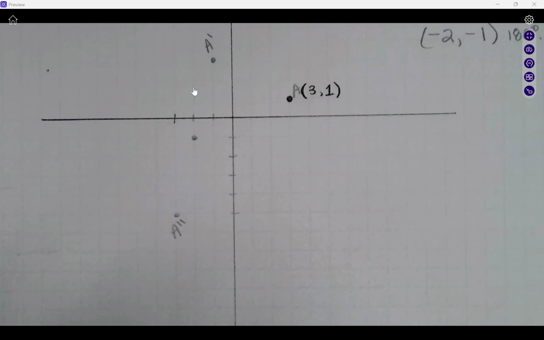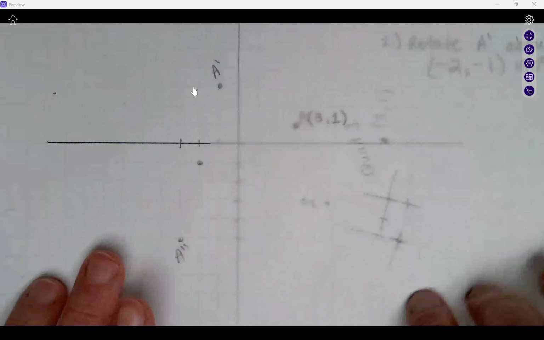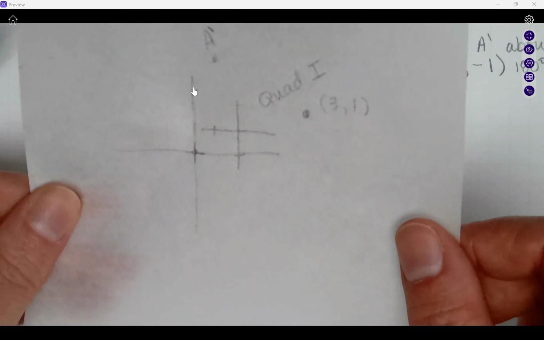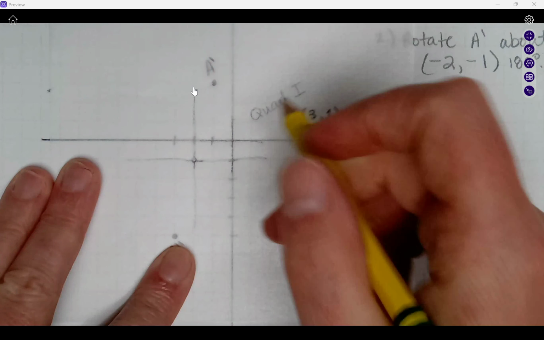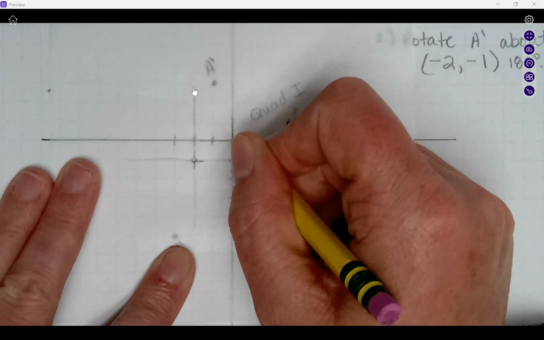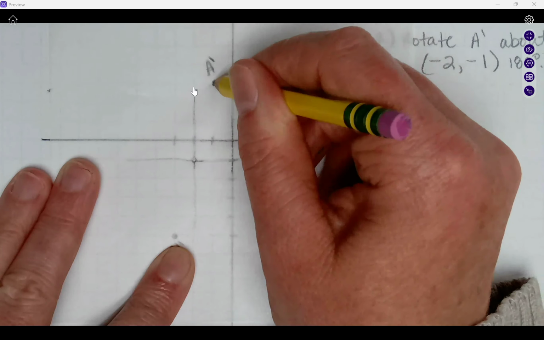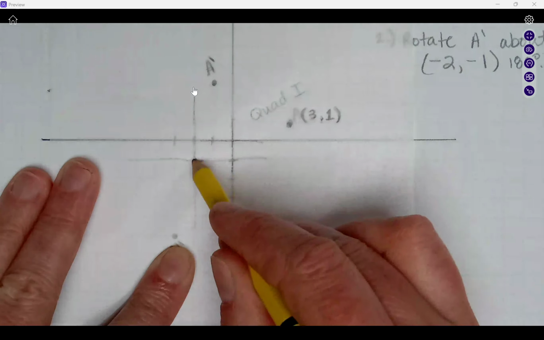I don't know that you actually got to see it, because I just looked over and realized that it wasn't there. So let me recap that process using this patty paper. I laid my patty paper down. I traced over my actual true origin. I traced over the point A prime that was going to be rotated about the point -2, -1 right here.